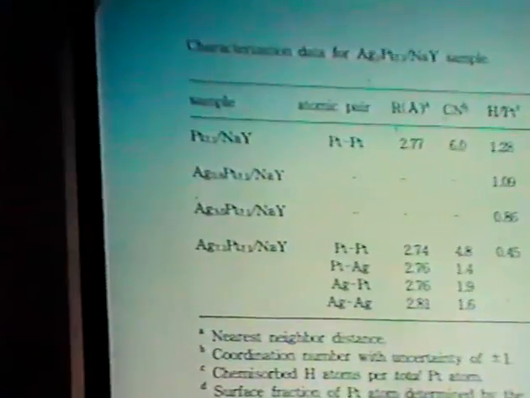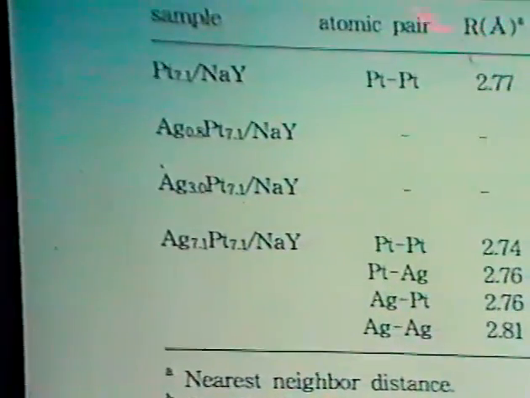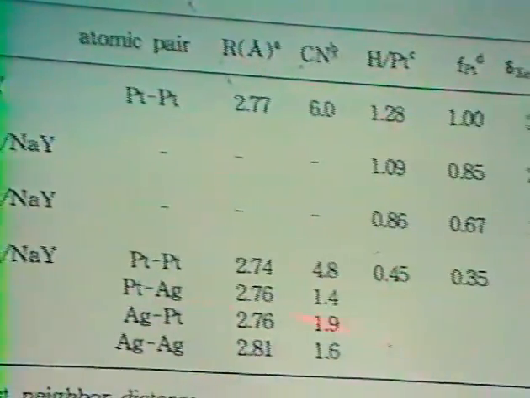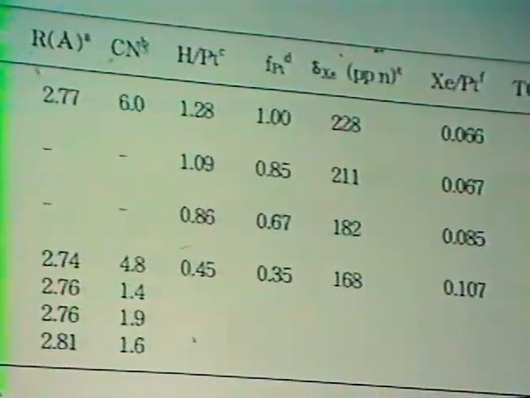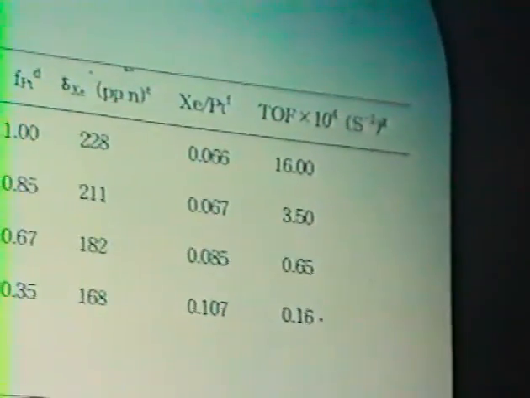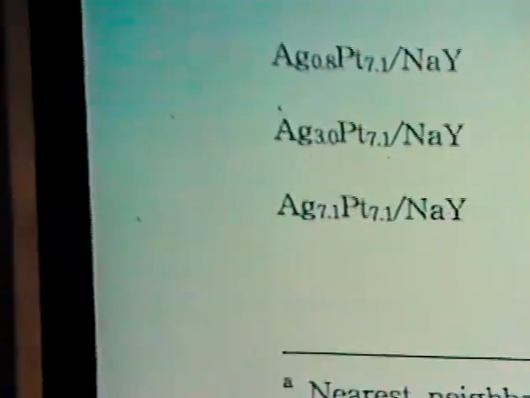So if we summarize the result for Pt-silver, we did a large amount of work here. The XAFS, hydrogen chemisorption, which decreases against the addition of silver. Here we did xenon NMR.